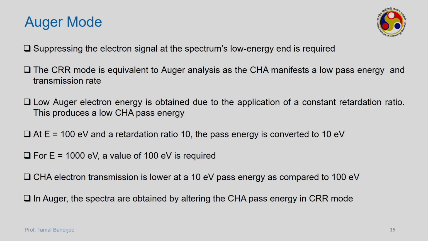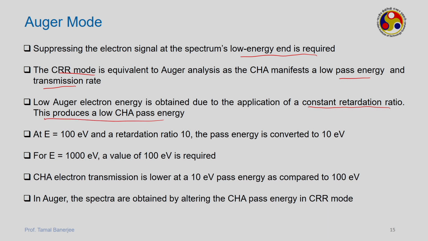Now, in the Auger mode, suppressing the electron signal at the low energy end of the spectrum is required. So, the CRR mode is equivalent to Auger analysis, as the concentric hemispherical analyzer manifests a low pass energy and transmission rate, because the low Auger electron energy is obtained due to the application of constant retardation ratio.